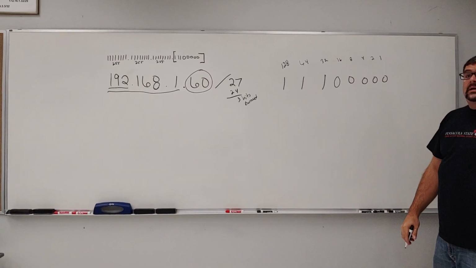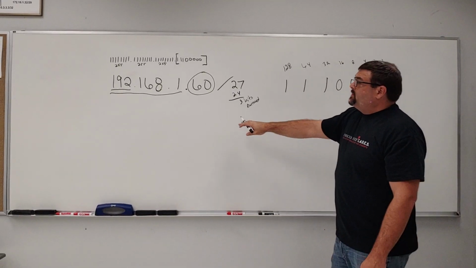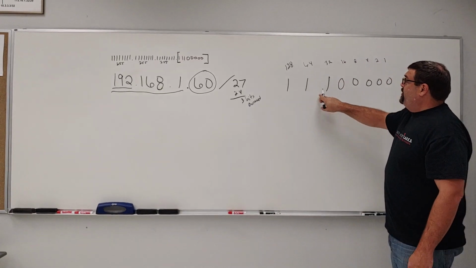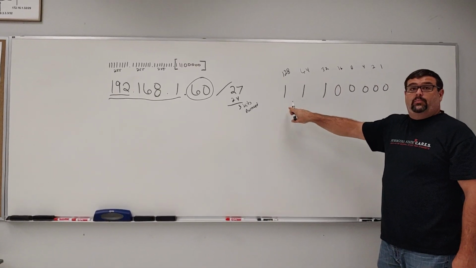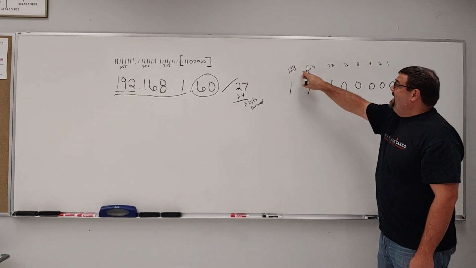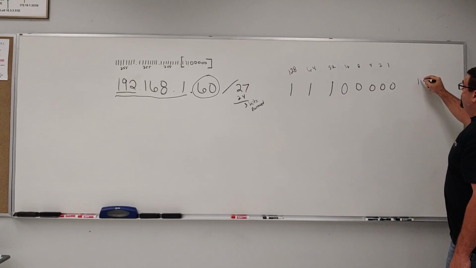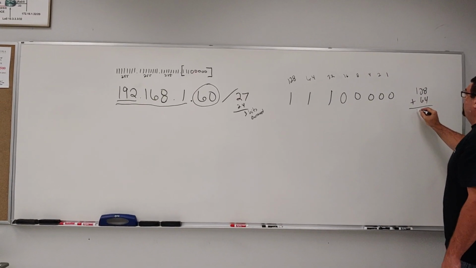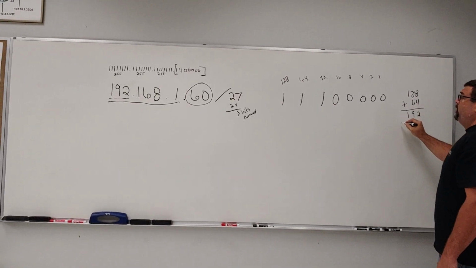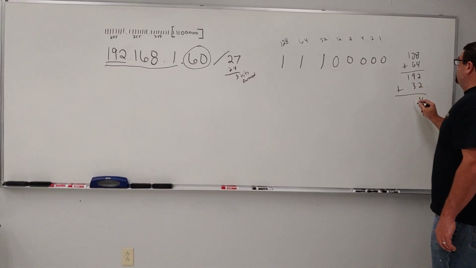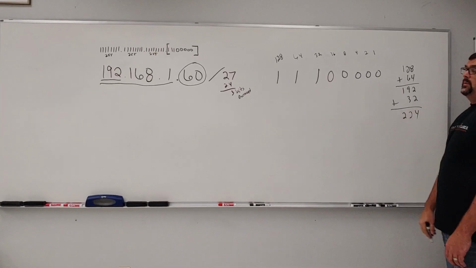Okay, now to get what our subnet mask is, you take the values of each of these bits and you add them together. So you say 128 plus 64 equals 192, plus 32 equals 224.